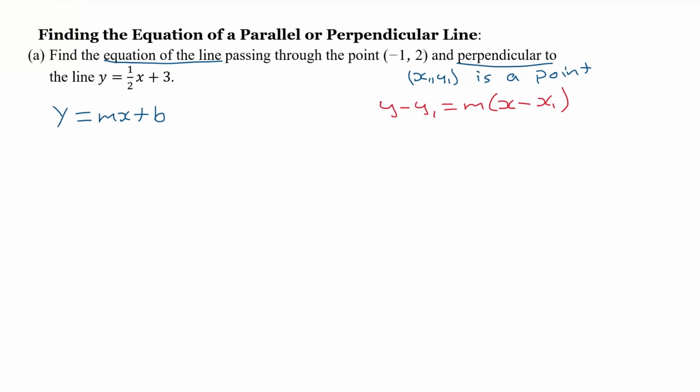So first, let's decide. In the first one, y equals mx plus b, we need to figure out what m is, which is the slope, and we need to figure out what b is, which is the y-intercept.